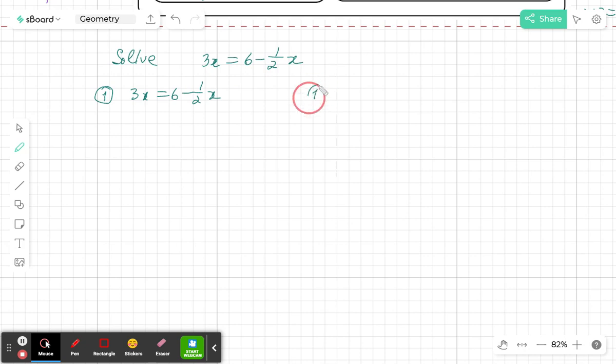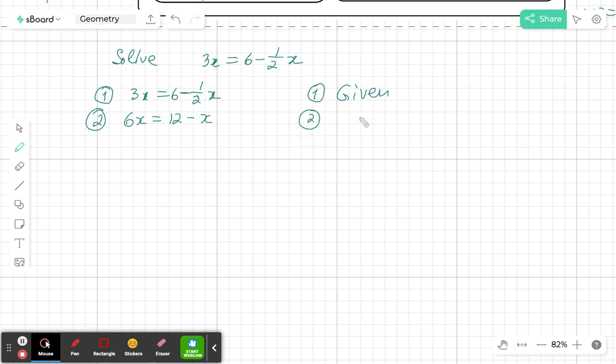And the justification for that is, well, that's the equation that is given to us. Then for the second step, one of the things that we can do is multiply both sides by 2 so that we can get rid of the fraction. So we can write down 6x equals 12 minus x.